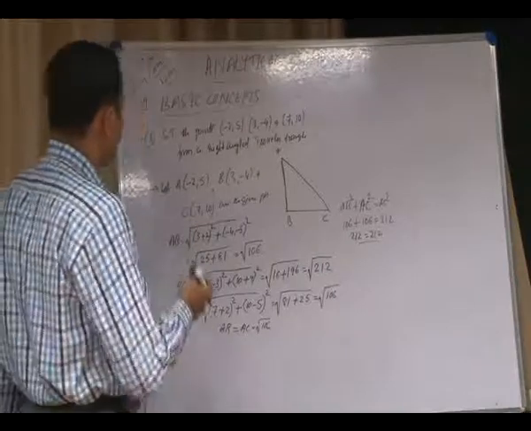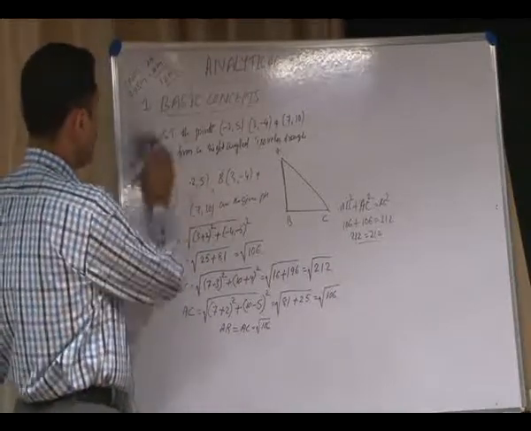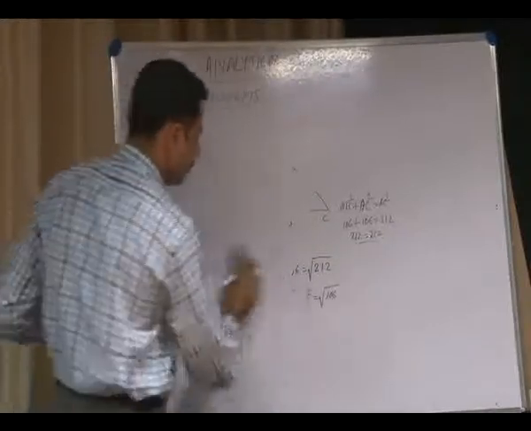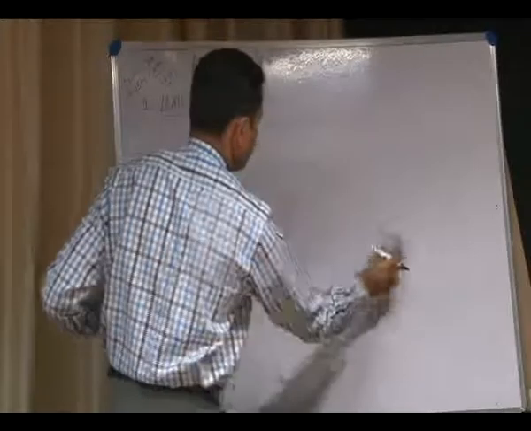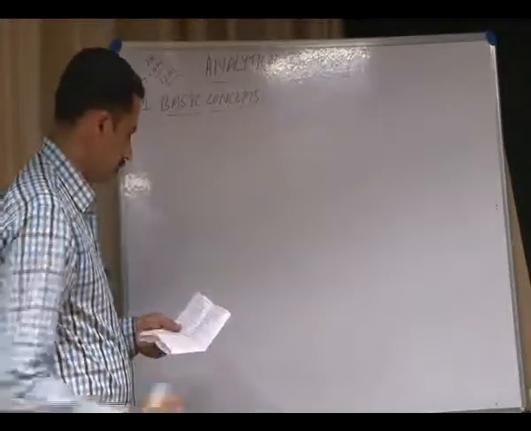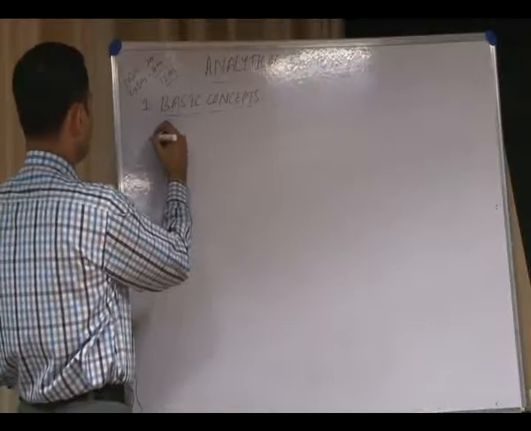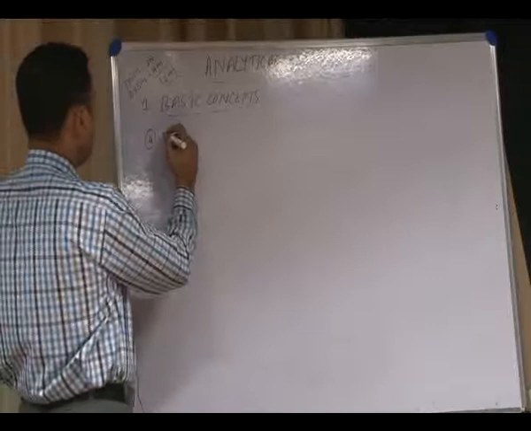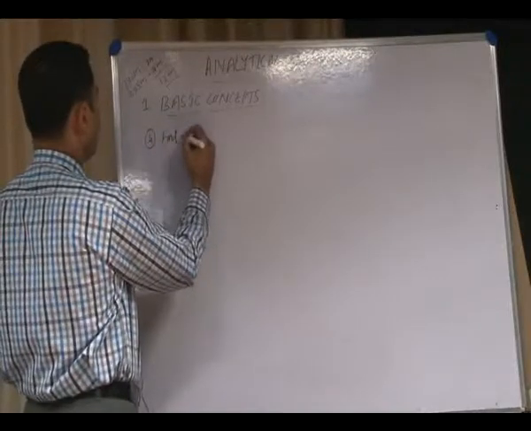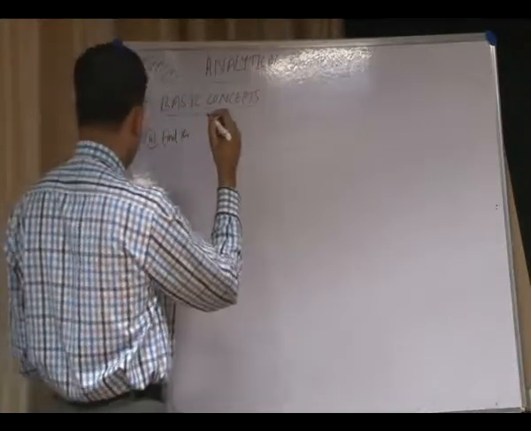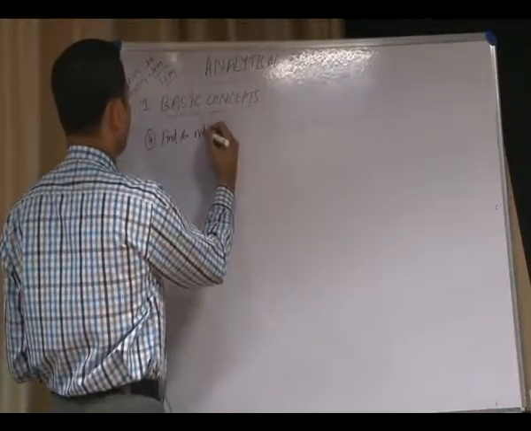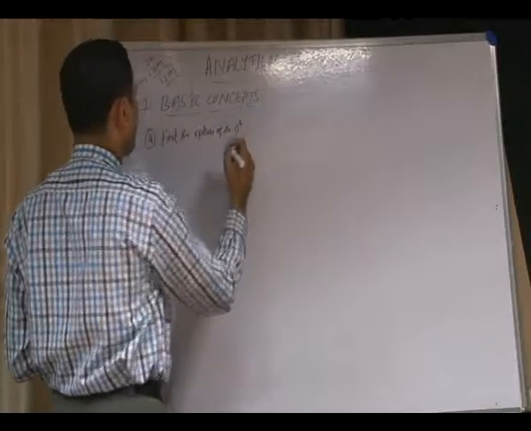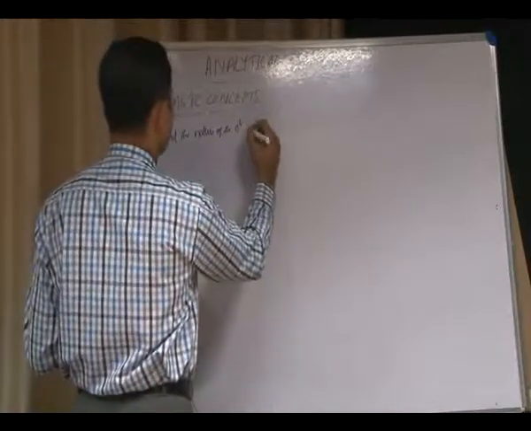So, after this, next problem, fourth one: find the nature of the triangle formed by the points.